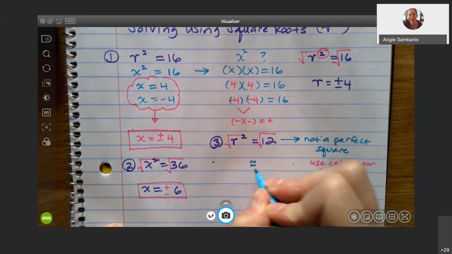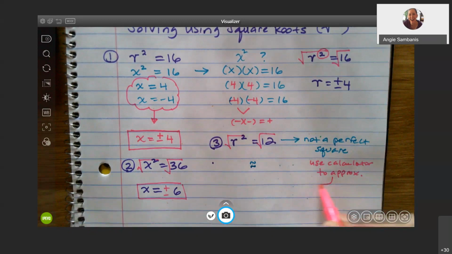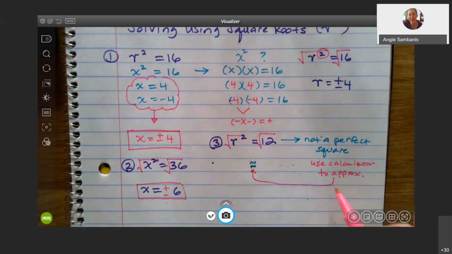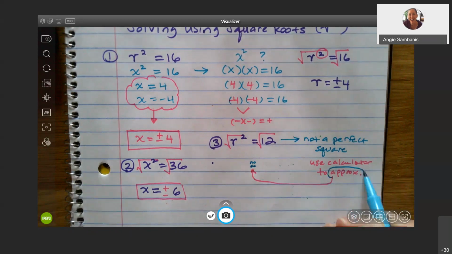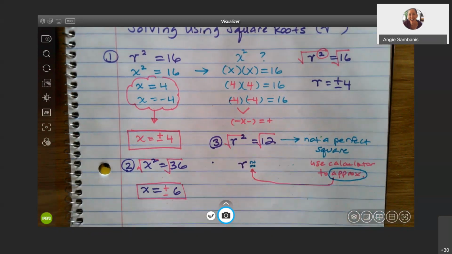We're going to use this little squiggle to represent that we are approximating. It's not perfect. And we're going to get a decimal, and we're going to round to the nearest tenth.